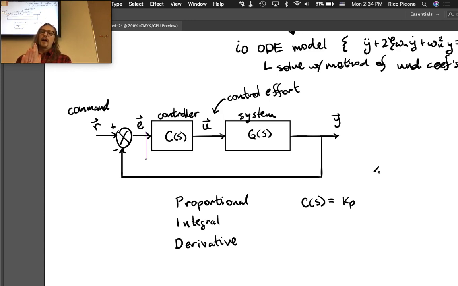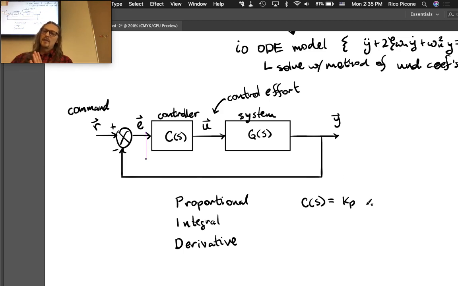So how far you are away from your command is essentially how far that proportional restoring force is going to push back to the equilibrium value or the command value. So that's a good one. You can do a lot of control with just a proportional gain. And we'll talk about the limitations of that when we get to the details, but that's one way to start.